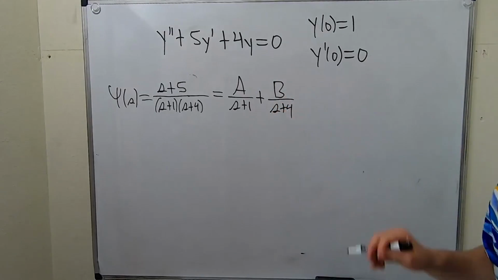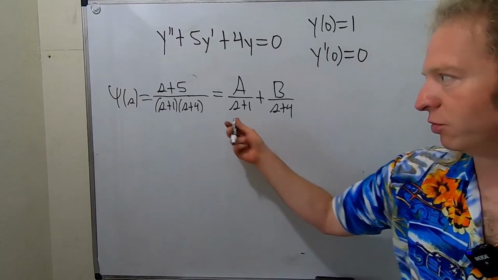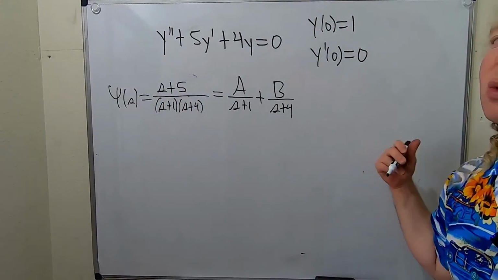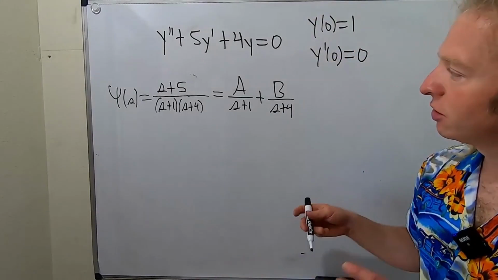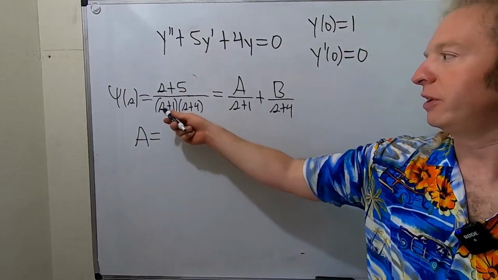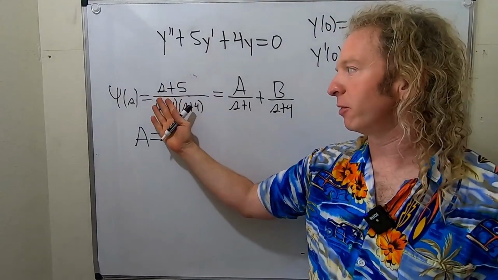And we're going to use what's called the cover-up method. If you don't like the cover-up method, you can just use regular partial fractions. You would multiply both sides by this, but it's worth getting good at cover-up because it's so useful, it's so powerful. So to find A, with the cover-up method you cover up what's under A. So s + 1 is here, so you cover it up over here.